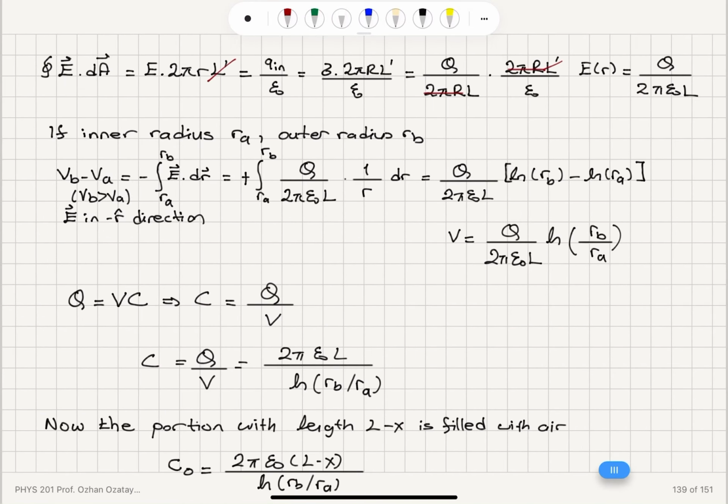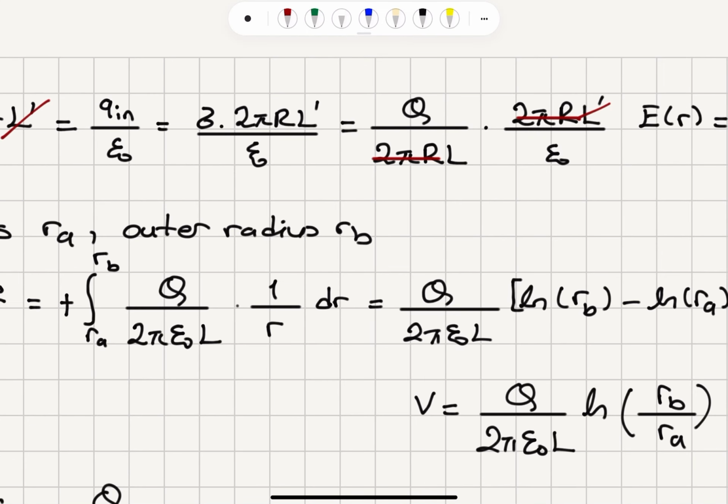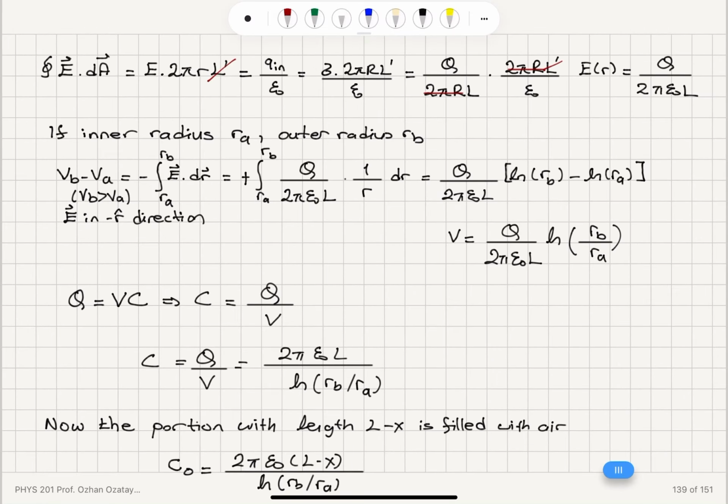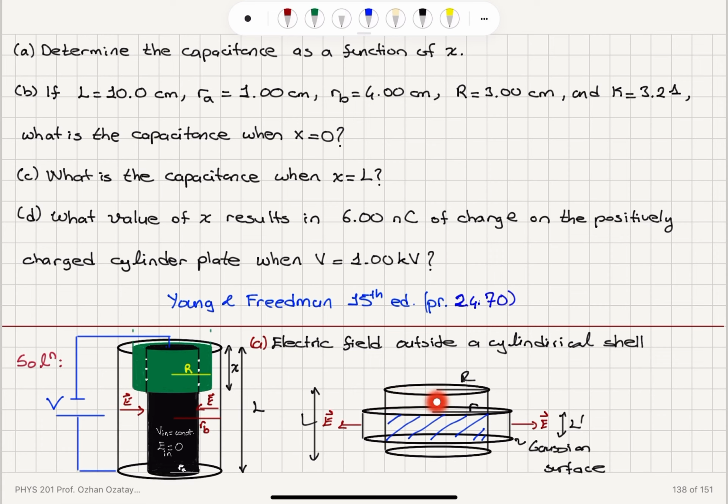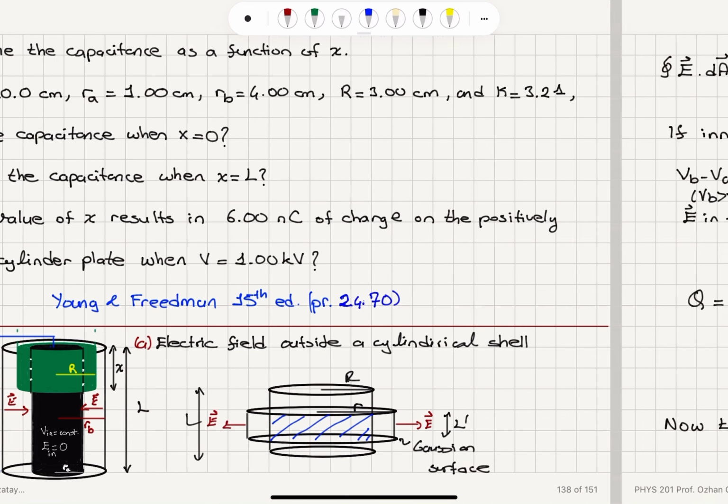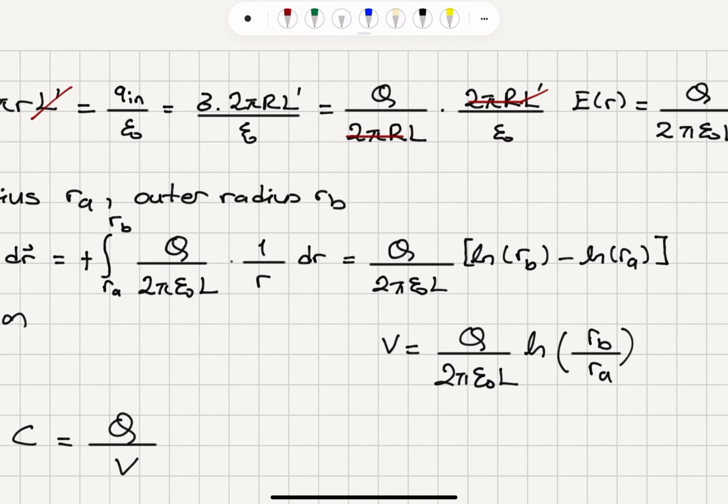So the total charge it has is sigma times 2 pi r capital R L prime over epsilon 0, where sigma, the uniform surface charge density, is Q total charge divided by 2 pi capital R L. That's the charge distributed over all of its outside surface, multiplied by 2 pi r capital L prime over epsilon 0.